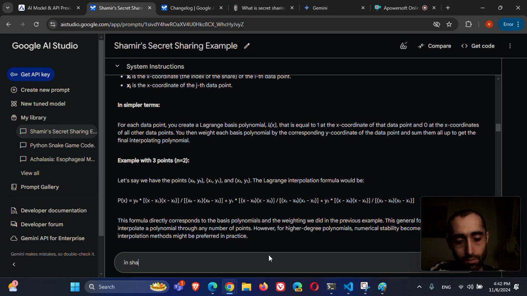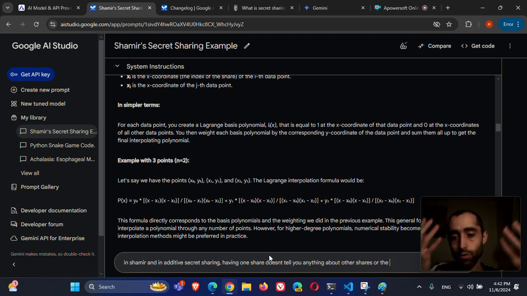In Shamir and in additive secret sharing, having one share doesn't tell you anything about other shares or the secret, unless you only have one share. If you have only one share, that is enough.